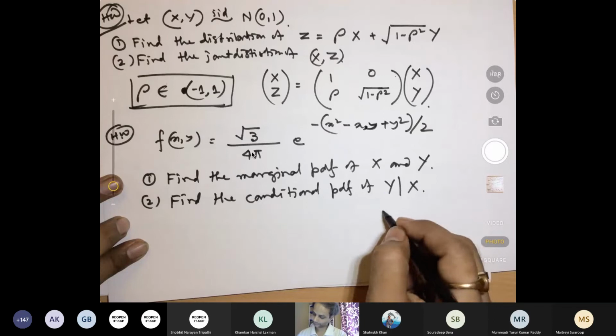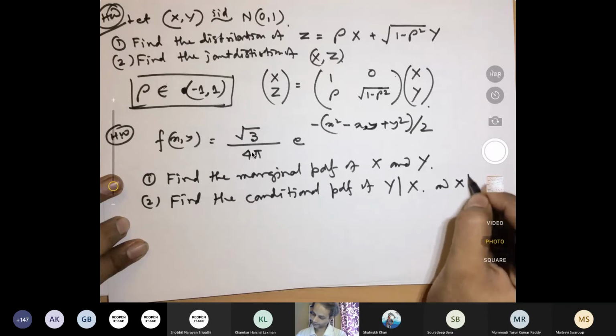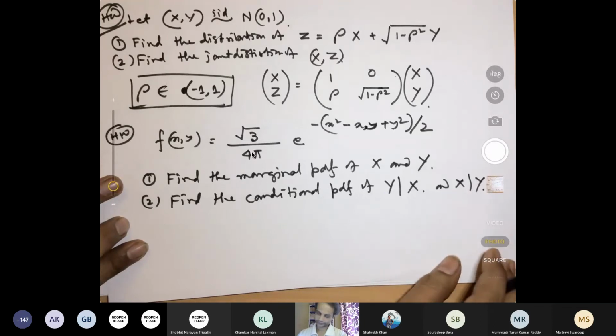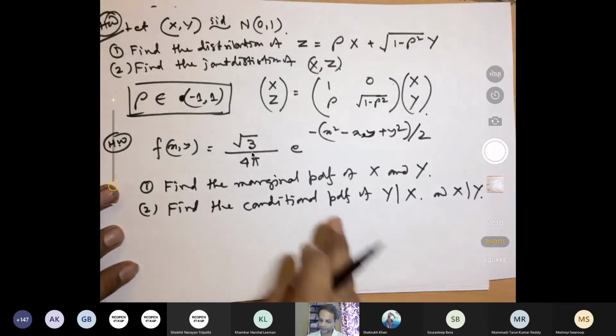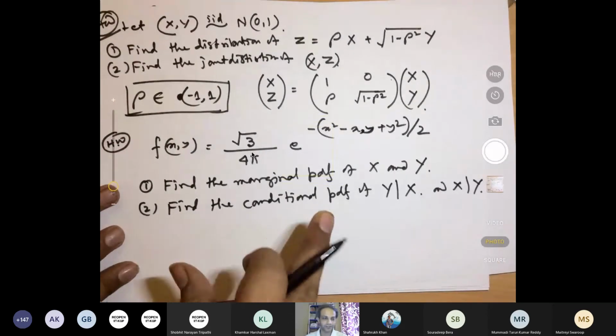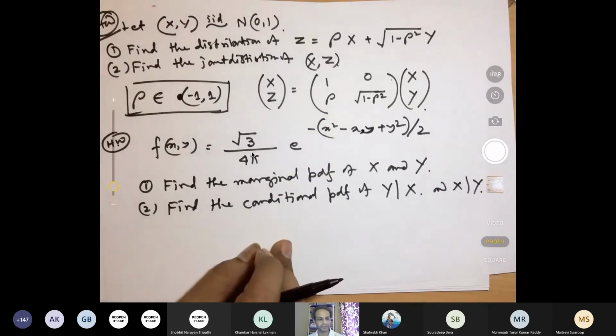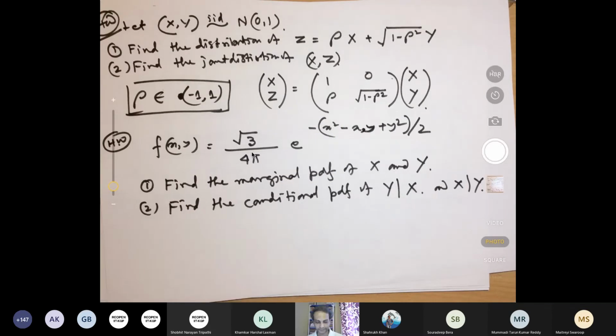Also, you can try for x given y. So this type of question is very common in exams. Don't forget to solve it.